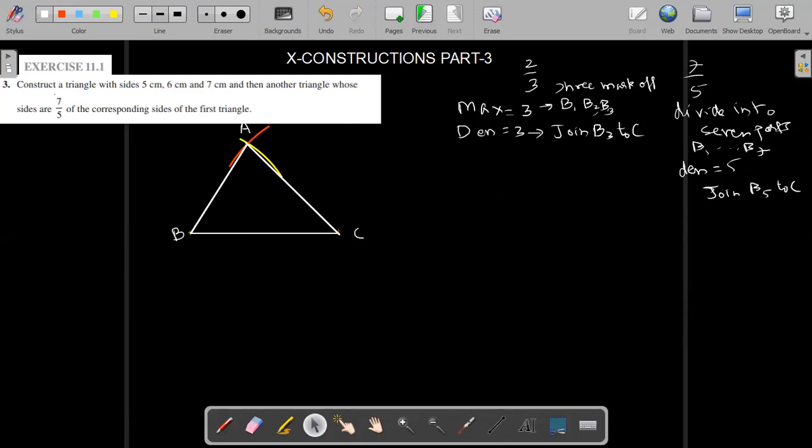Now you have to draw one ray below this. Steps will be the same. Now you have to divide into how many parts? 7 parts. So you need a big ray to divide into 7 parts.